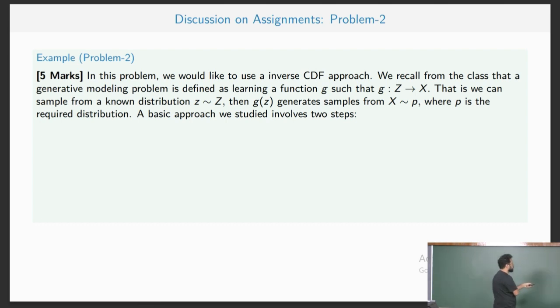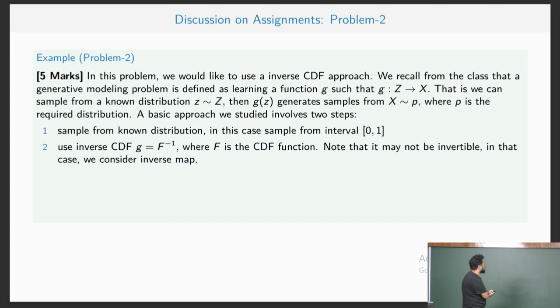So G of Z will be some generated sample that comes from X. This usually involves 2 steps: sample from a known distribution. In the inverse CDF approach, Z in our case is the y-axis, which happens to be the range of the CDF, and the range of the CDF is between 0 and 1. We all know probability values cannot go beyond 1, and it starts from 0, and cannot go negative either.